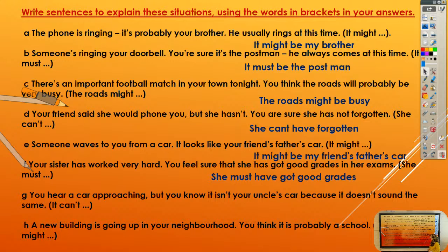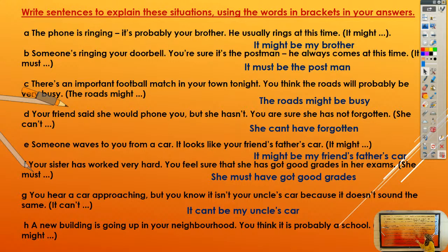So, she must have got good grades. You hear a car approaching, but you know it isn't your uncle's car. Okay? You're sure it isn't your uncle's car, so it can't be my uncle's car.